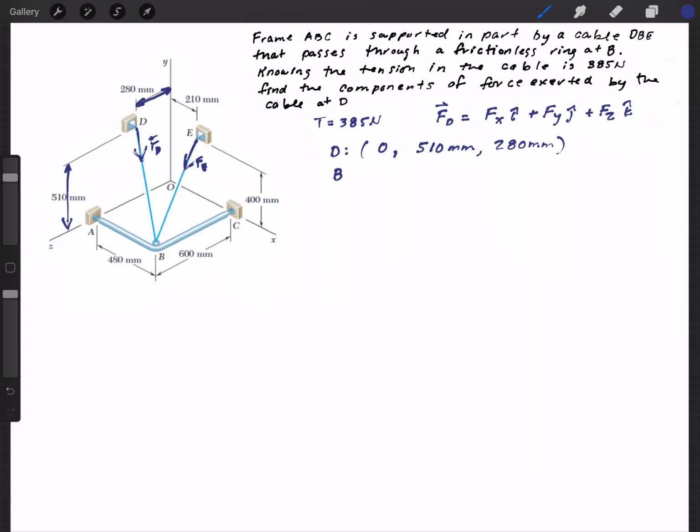Point B is the other end of the vector, or the other end of our line for the vector DB. So we want to find the coordinates of point B as well. Along the x-axis, we would find this measurement here, 480 millimeters.